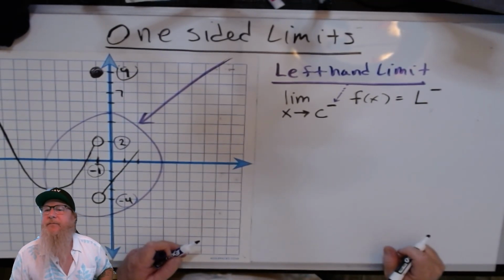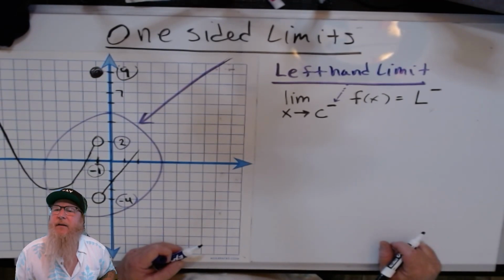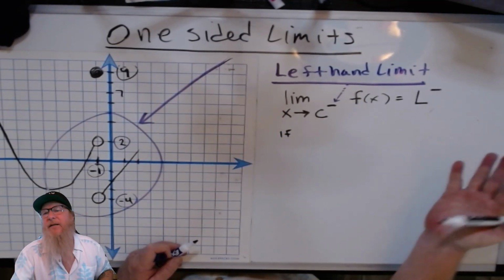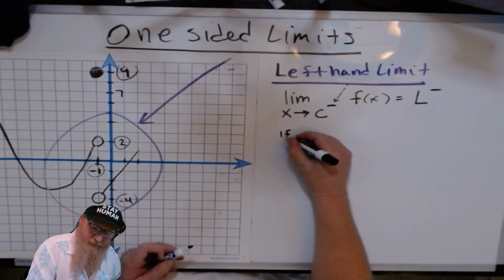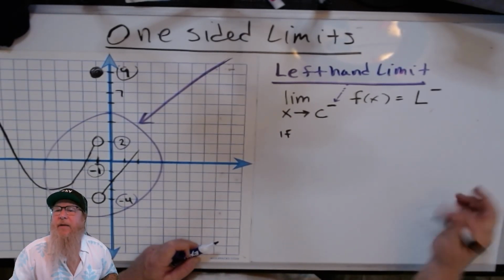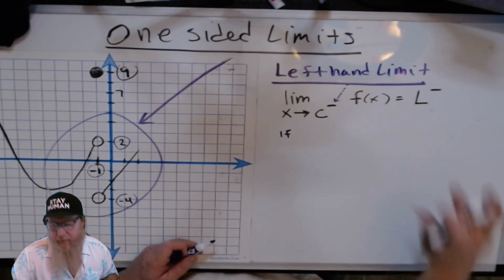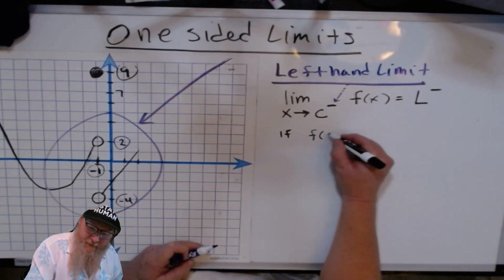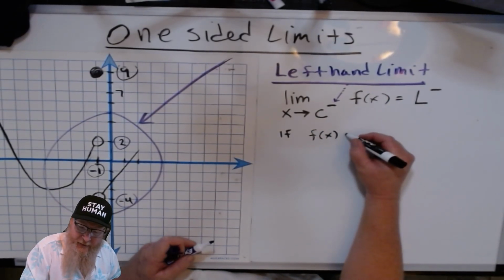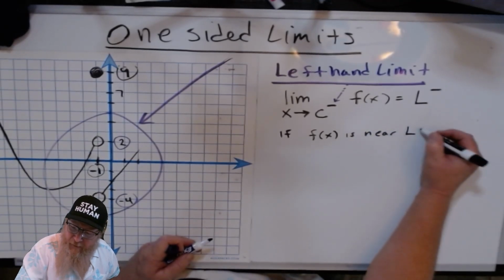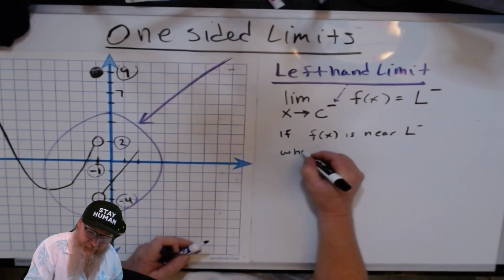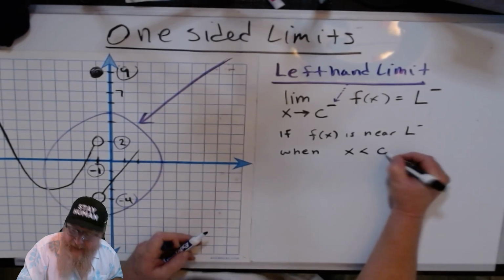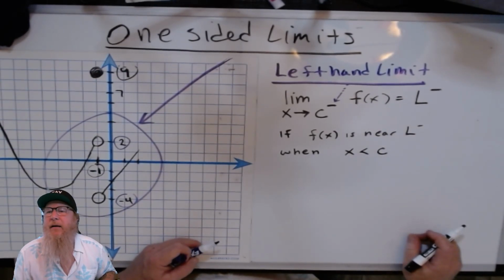There we go. L minus. I don't want to call it L because they might be different. I might regret that notation. I might change it, but for now, let's just call it L minus. Okay. If f of x is near L minus when x is less than c.